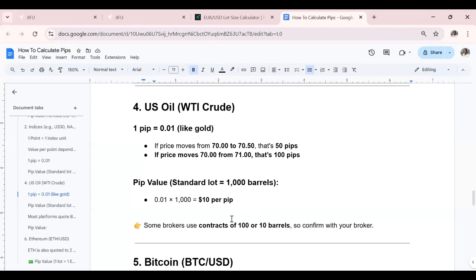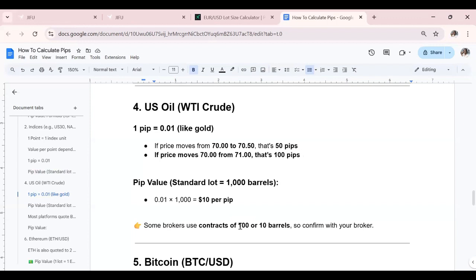Now, for some brokers, they do contracts of maybe 100 or 10 barrels. So if another broker is giving you 1,000 barrels for a standard lot, and you make $10 per pip, others might give you 100 barrels. Their own standard lot might be 100 barrels, and you make $1 per pip instead. So for you to make $10 per pip, you have to use like 10 standard lots.